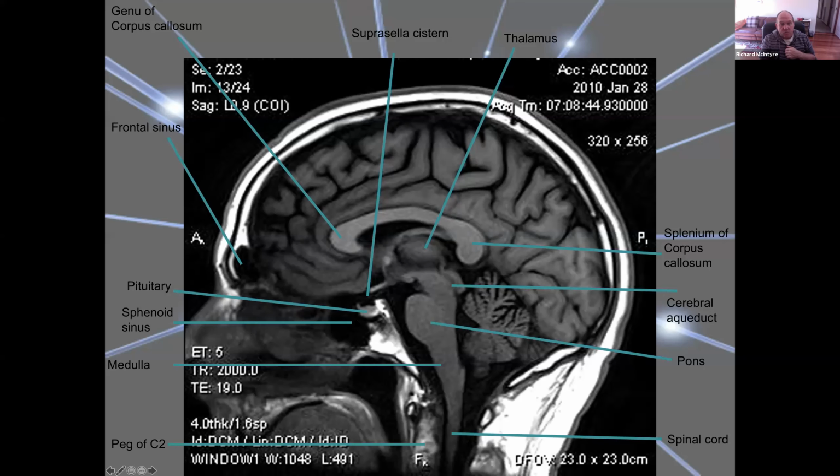Sphenoid sinus, we go through the sphenoid sinus to get to the pituitary, or we don't, neurosurgeons do. We've got the pons and the parts of the pons that we saw in our axials, and we've got the medulla. And of course, the spinal canal and C2. C1's just here. Okay.